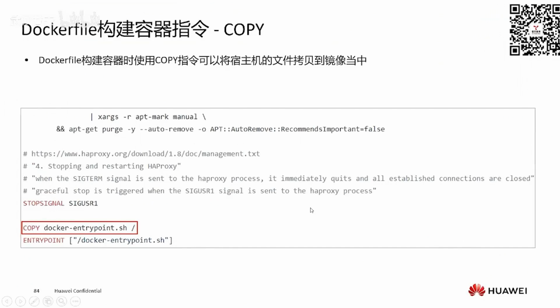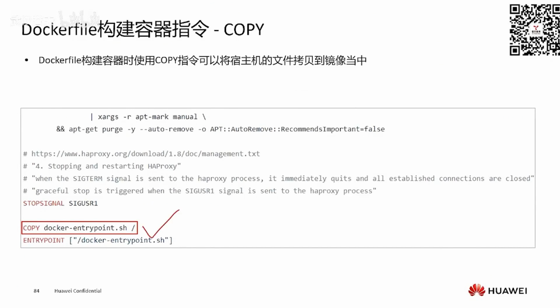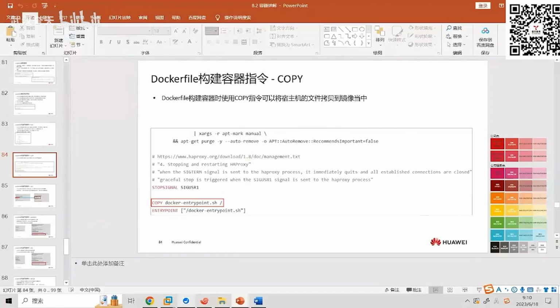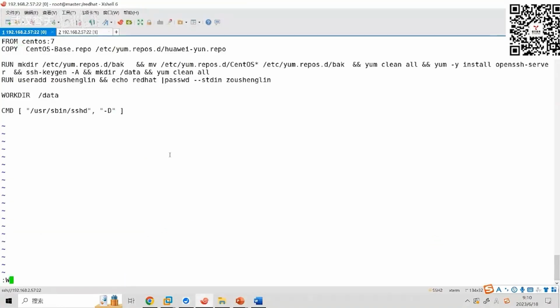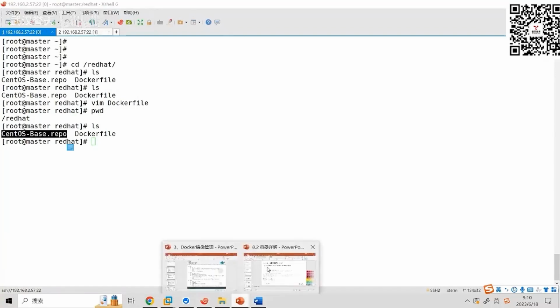So a RUN can follow multiple commands, separated by &&, which means that if the previous command succeeds, then the next command will execute. And conversely, if the previous command fails, it will not continue. Meaning if any command fails, subsequent commands will not execute. So we need to make sure every command here can execute successfully.